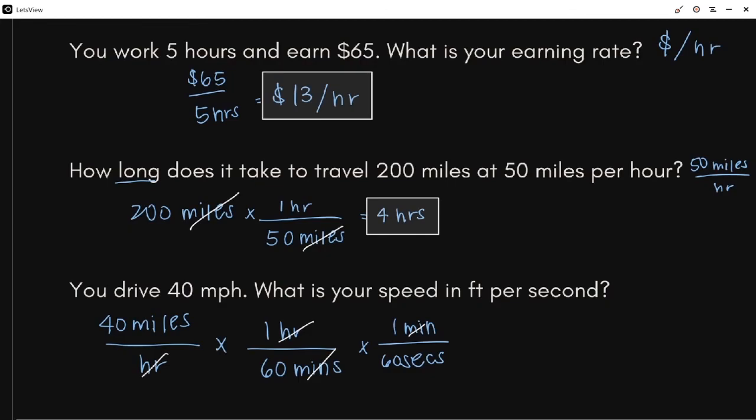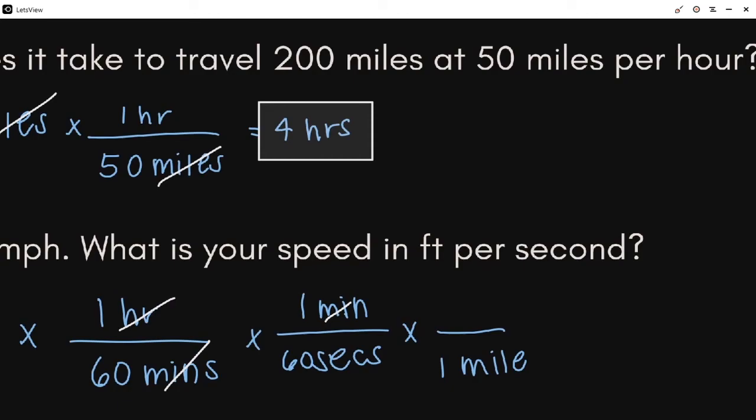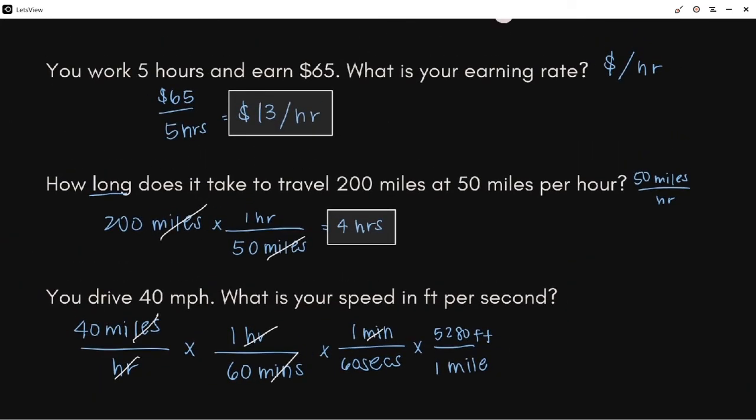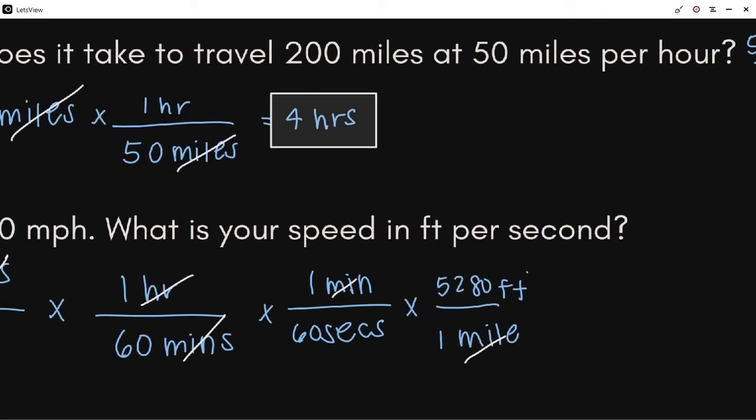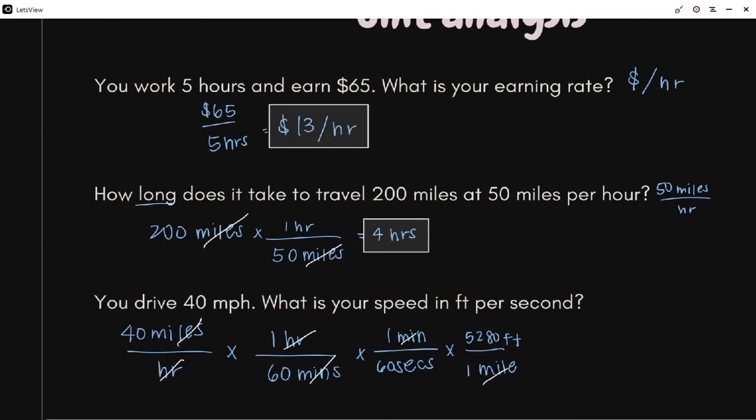So now we have to convert miles to feet. So 1 mile is 5,280 feet. I had to look this up. Okay, so then the miles will cancel out with the miles here. And if you look at our units that are left that aren't crossed out, we have feet per second. Okay, so to solve this, you're going to multiply all the numbers on the top, kind of like when you're multiplying fractions, you would multiply everything in the numerator.